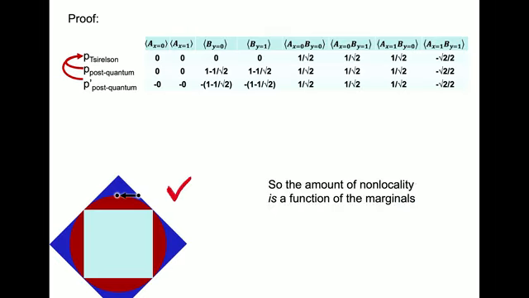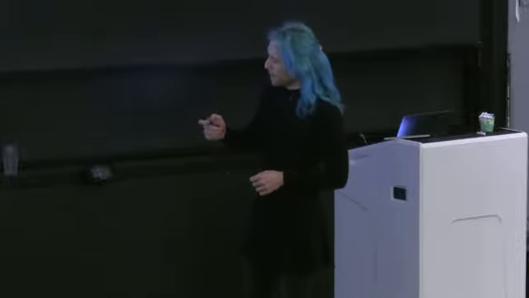Therefore, we see that indeed, this post-quantum resource here is strictly more non-local than this Tsirelson correlation, even though the two coincide on all of their correlation terms in the probability distribution. So we can see then that the amount of non-locality is a function of these marginals, how likely each party is to get each individual outcome, which maybe isn't completely obvious.